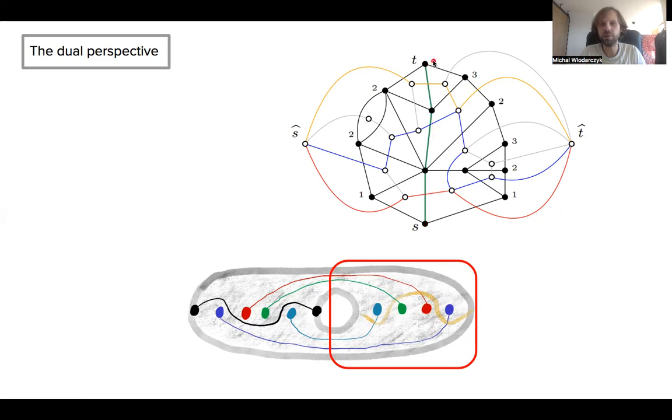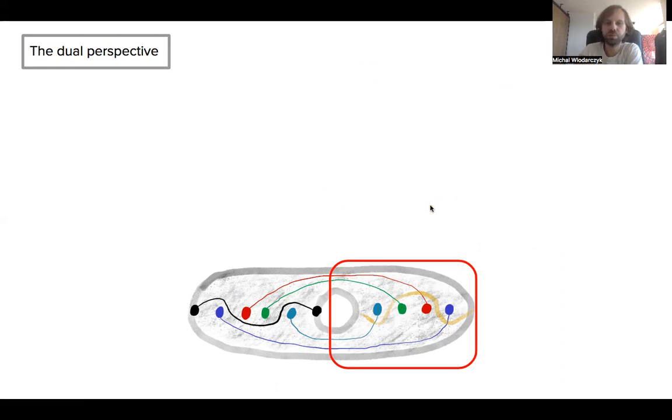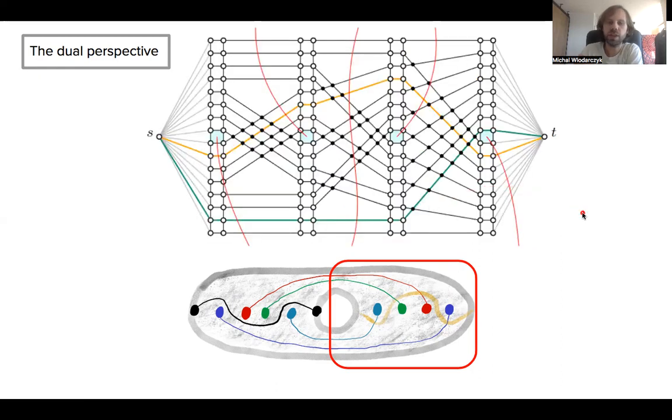So the length of this path imposes an upper bound on the maximal flow in the dual from left to right, and we are interested in the shortest such path because then we get the tightest upper bound. So this is how the dual of this part will look.